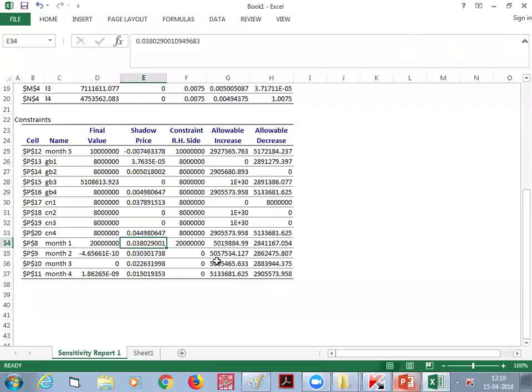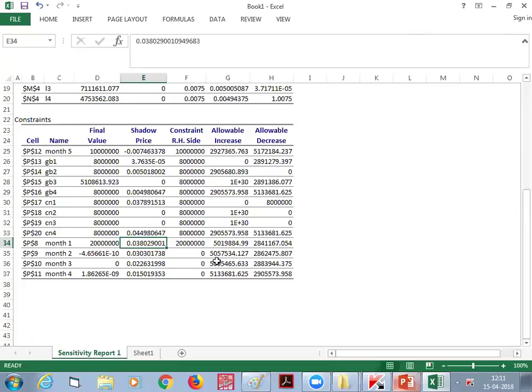Again, if we are able to relax some of these, since we made some big restrictions, like 8 million at most, we can again improve our objective function. And requiring that 10 million has a negative shadow price. That means requiring 10 million at the beginning of the 5th month is actually putting a pressure on us.